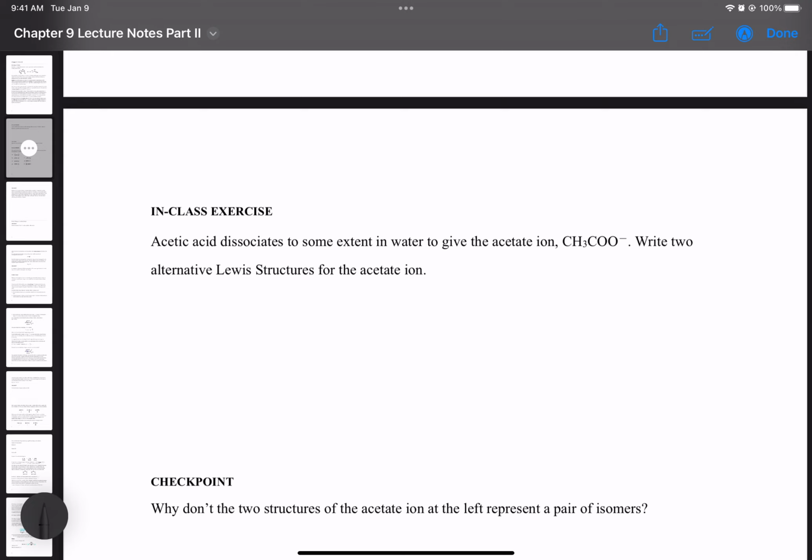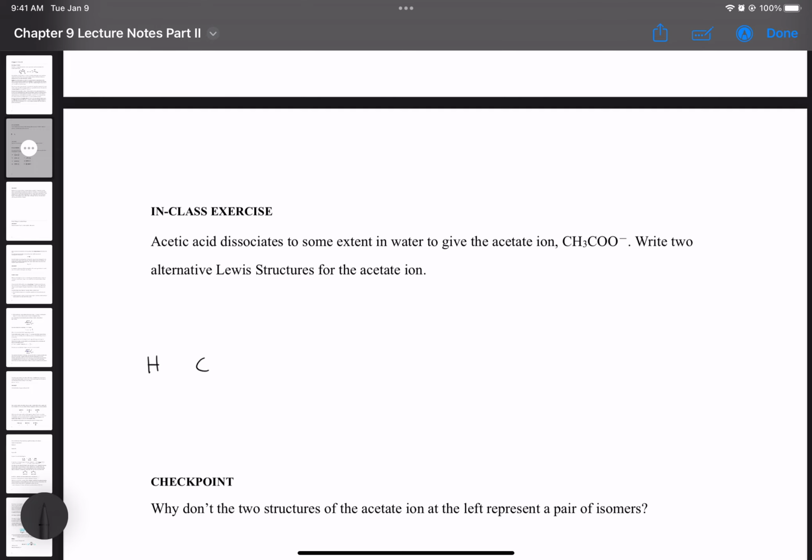Acetic acid is an acidic compound. It dissociates to some extent in water to give you acetate ion, CH3COO-. So we're going to write the structure for acetate ion. We have two carbon atoms. The best way to draw this is to first draw a skeleton based on the formula.